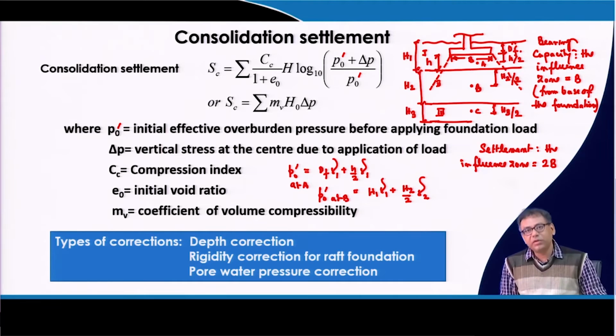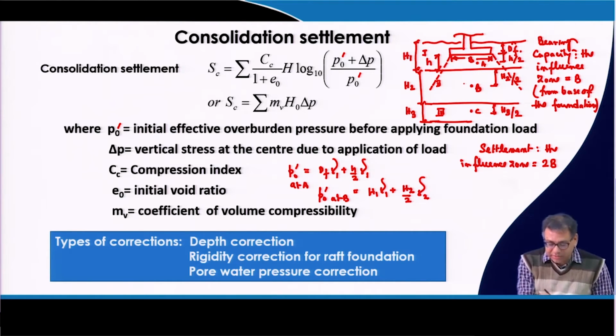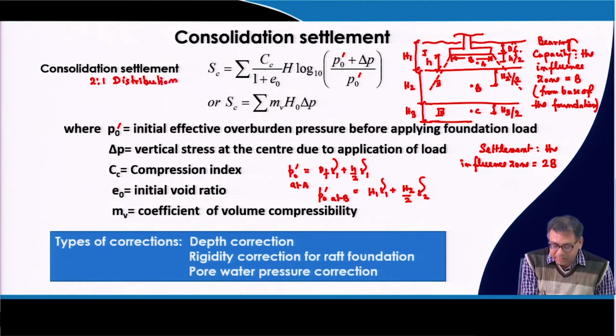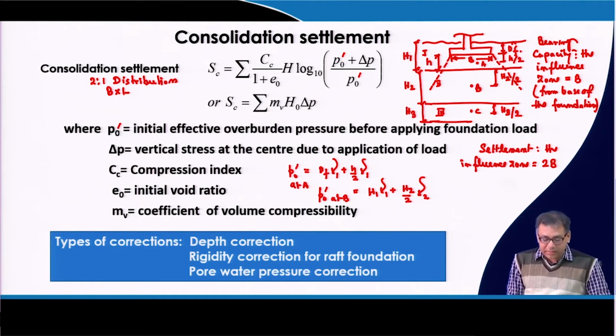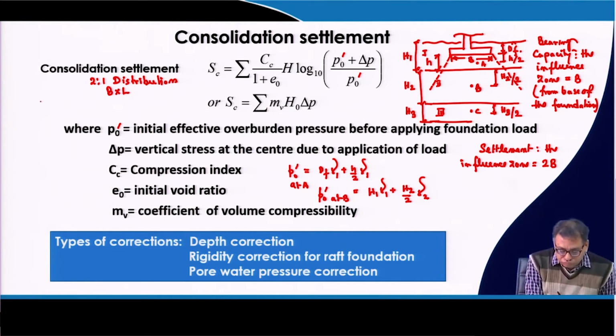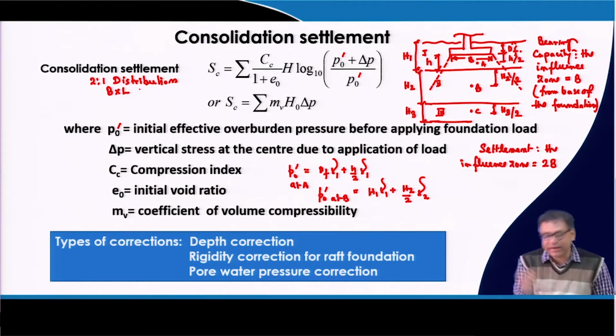2:1 distribution. In such a case, suppose you have a footing dimension of B cross L, and you have a q acting at the base of the footing.